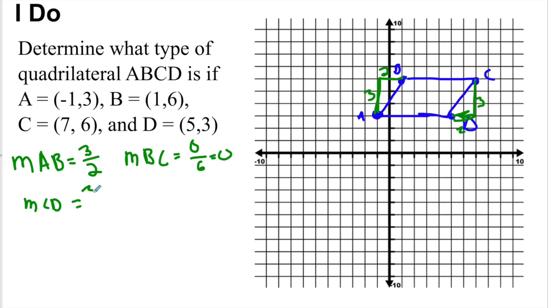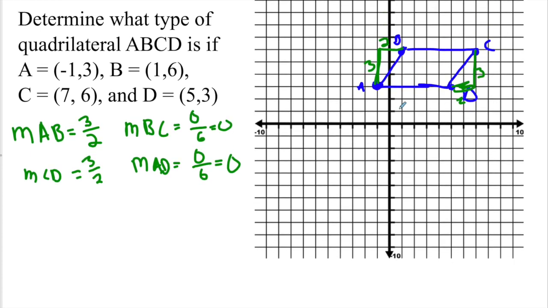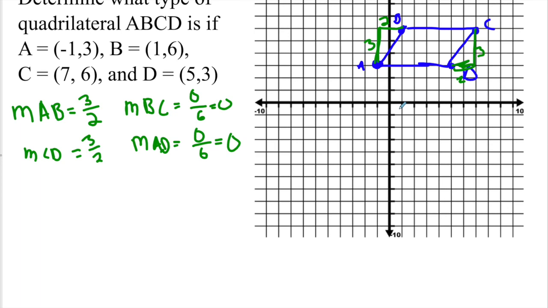Okay, so it's up 3 over 2. And the slope of AD is up 0 over 6, which is 0. So this is required. You need to show me the slopes. Now that you've shown me the slopes, you can make conclusions about those slopes. And that's what we'll do in a minute.